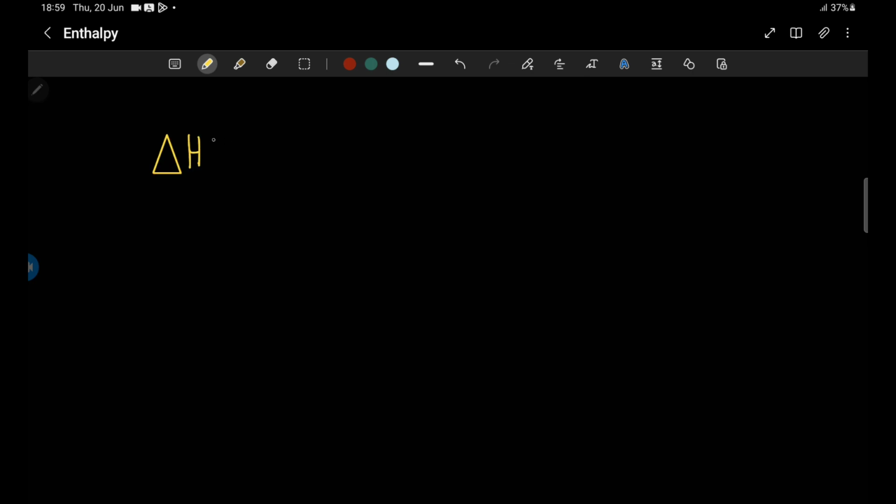Delta H is the difference between the enthalpy of the reactants and the products. So let's say this is the enthalpy of the products minus the enthalpy of the reactants.